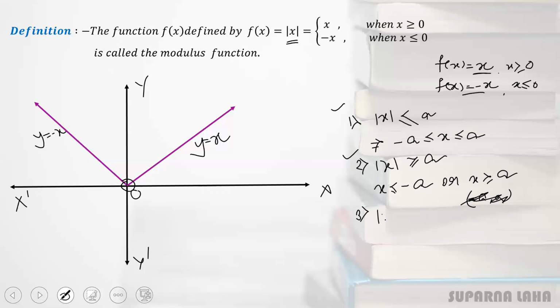Now, mod of x plus y. What is this? This is equal to mod x plus mod y. Now, what does it mean?